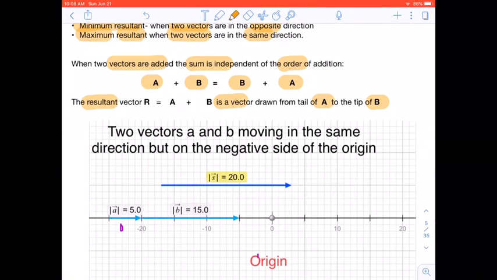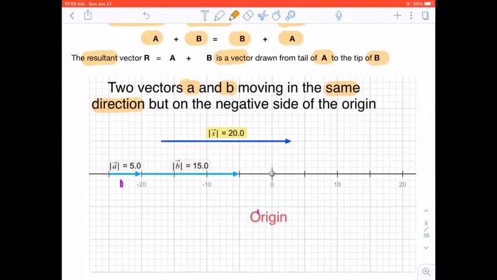Now let's look at two vectors, A and B, moving in the same direction. The magnitudes of these vectors are given. Here, the magnitude of vector A is 5, and the magnitude of vector B is 15.